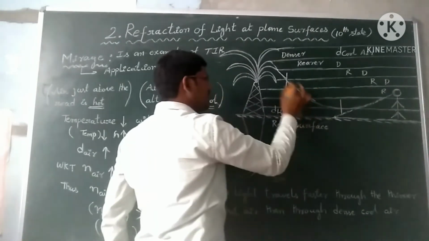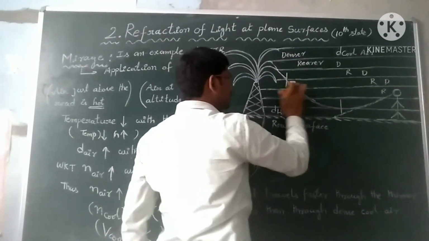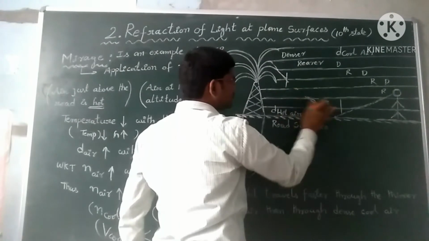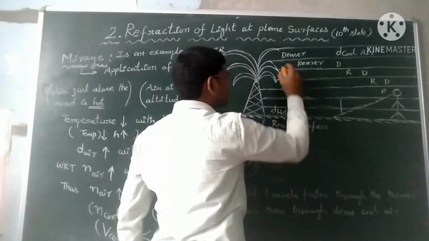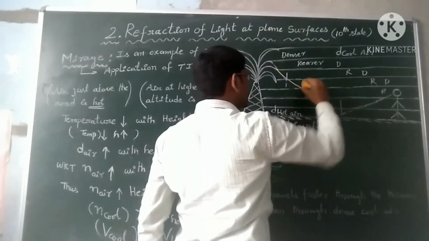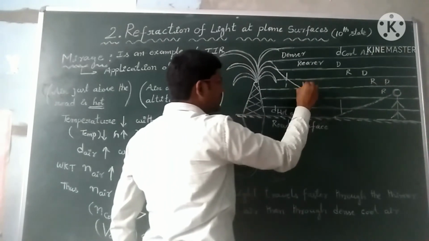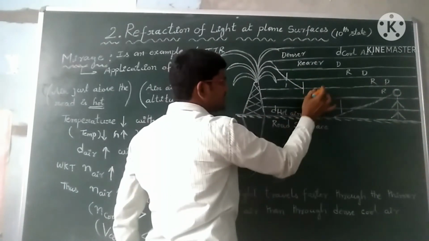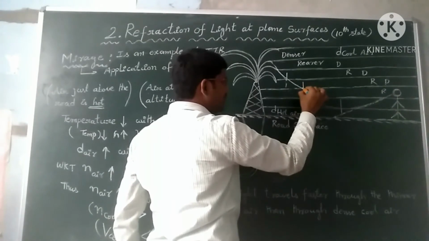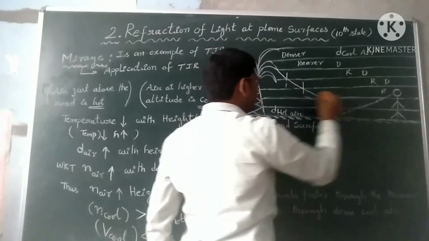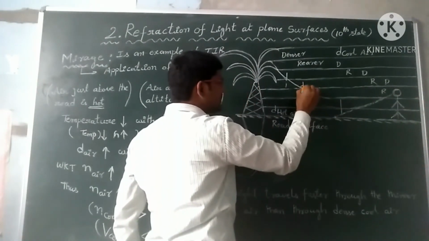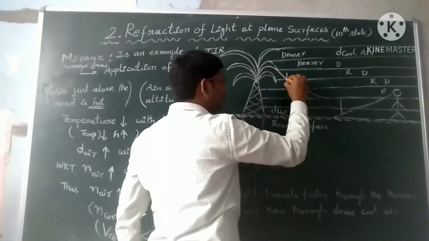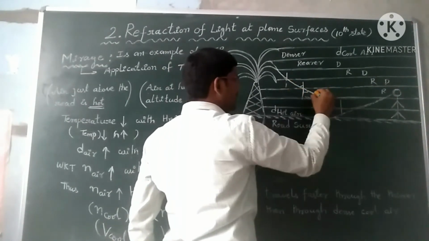And again, you see, my dear students, at this point again there is a point of incidence and normal. This is denser, this is rarer, this is the original path, and again it bends away. See, this angle is increasing. Here this angle is more than this one.